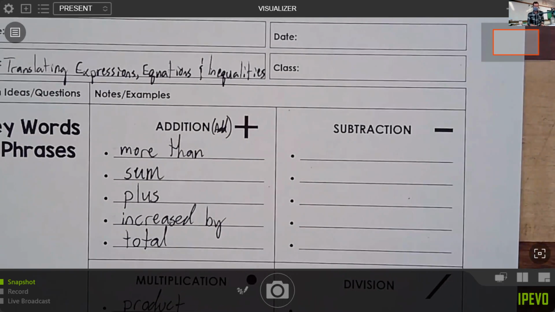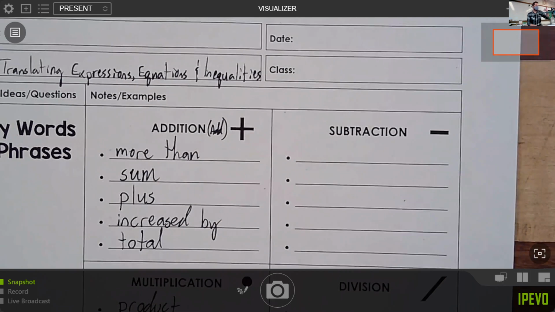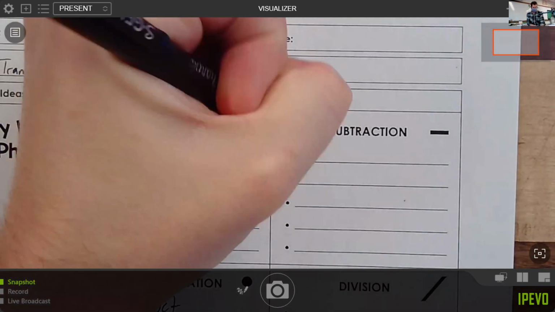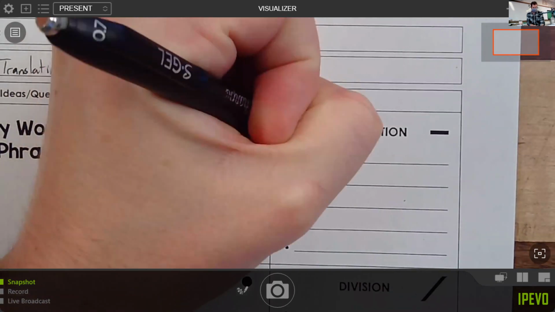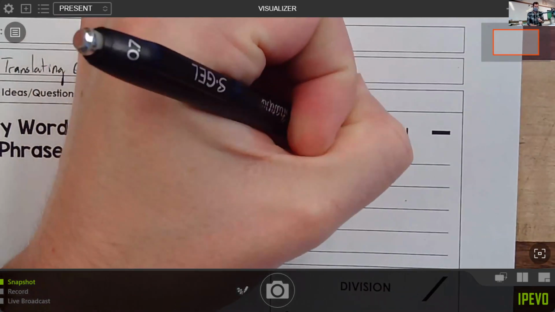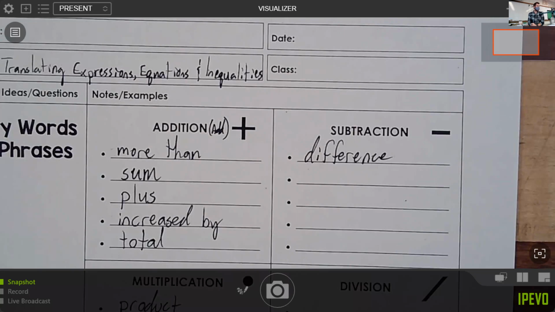All right, moving on to subtraction. What words would we use for subtraction, right? Yes, difference, for sure. The difference of 2 values. We talked about that when we were adding and subtracting integers earlier on. We took the difference of the absolute values, so that would be a subtraction. What else do you see in these examples that would imply subtraction?